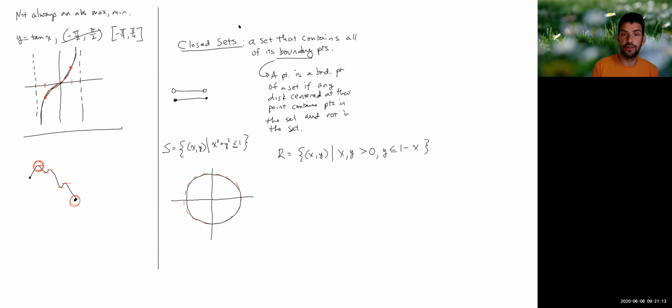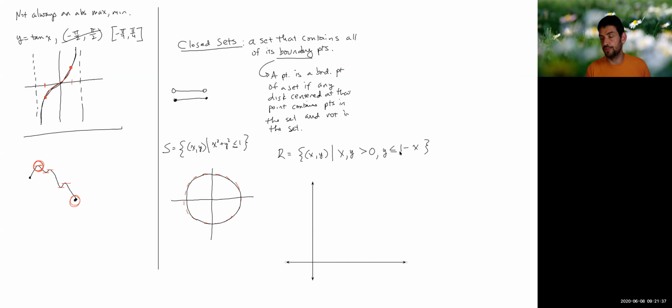So let's see if we can figure out what this set looks like. So I'm going to start with a coordinate plane. Okay, since x and y are both positive, I know I'm in the first quadrant. I also know, well, let's do one thing first. Let's look at this y is less than or equal to 1 minus x. Let's think about equal to 1 minus x.